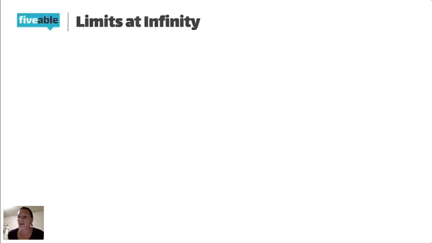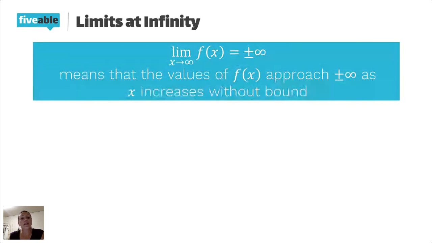Okay. So let's kind of formalize what we've discussed at this point, just with the top-heavy problems, okay? If I take a limit as x approaches infinity of f of x, that limit can approach positive infinity or negative infinity. So what this is saying is that my function can increase or decrease without bound as that x increases without bound.